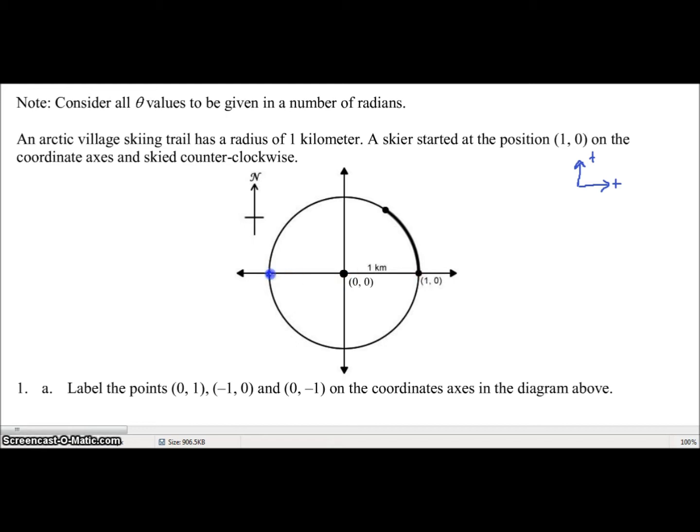This will be negative 1 and the y coordinate is 0. If we start at the center of our circle and go up 1 radius, then we're 1 kilometer away, but that's the y coordinate. And then (0, -1) will be right here.